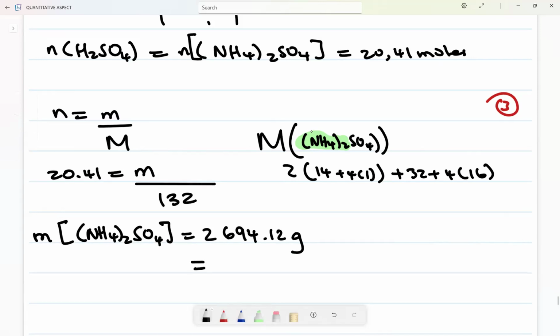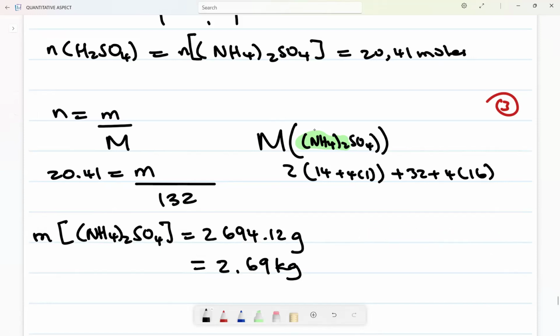If they wanted you to convert to kilograms, you were going to divide by 1,000. In kilograms, you divide your answer by 1,000. Then you get something like 2.69 kilograms. Remember there are 1,000 grams in 1 kilogram.